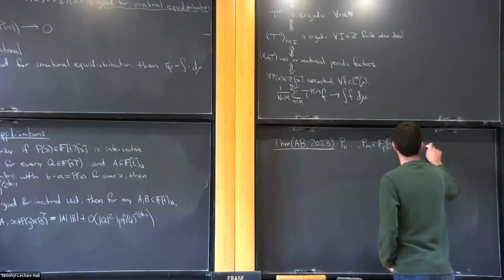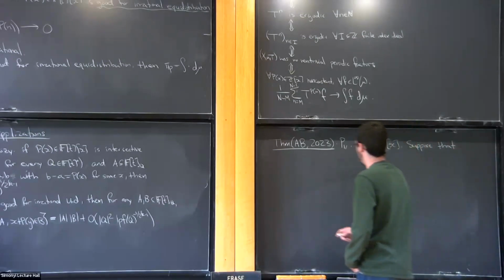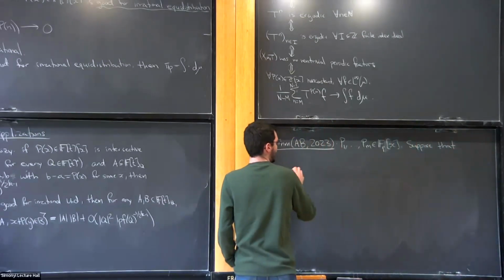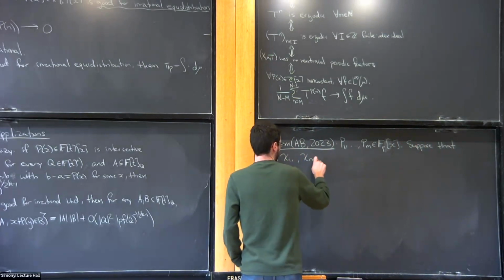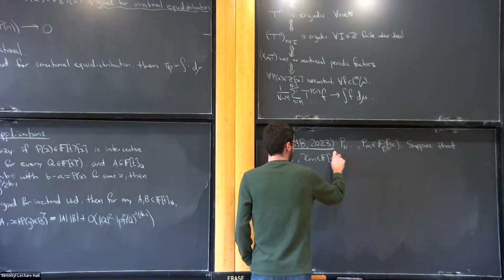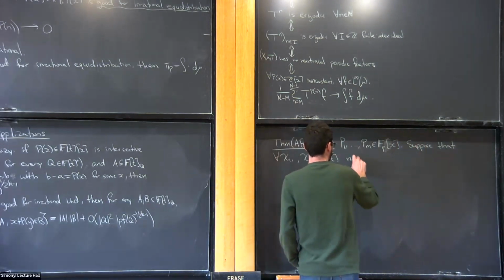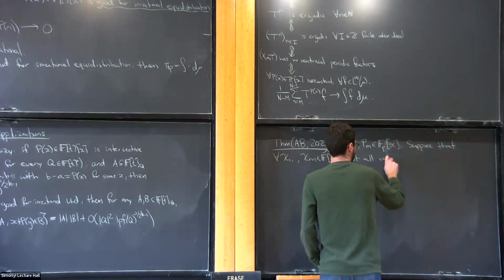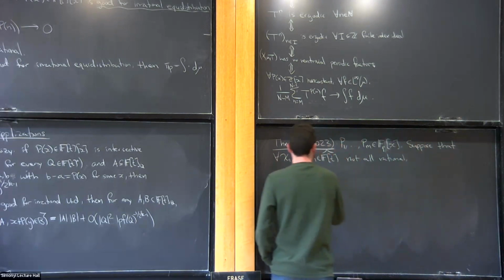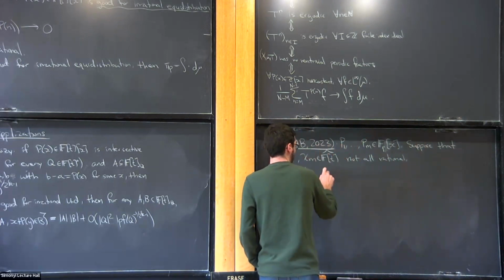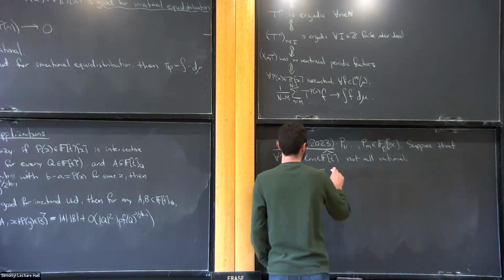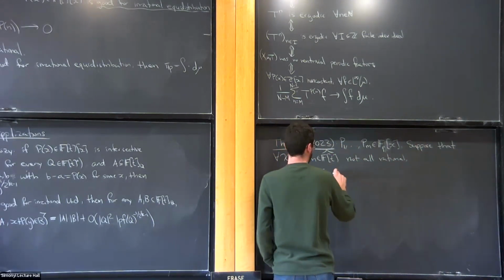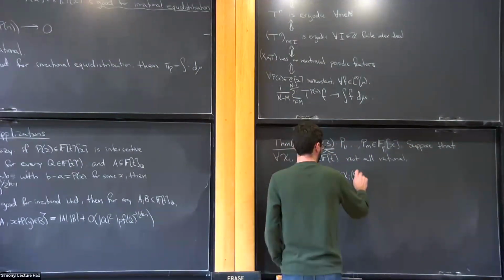Suppose that for any characters, not all of which are rational, distributional behavior.